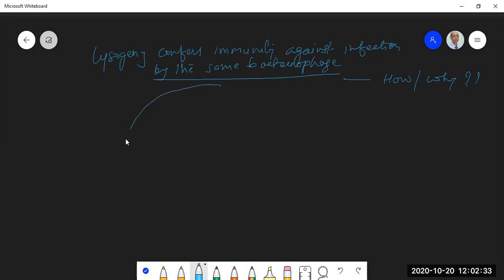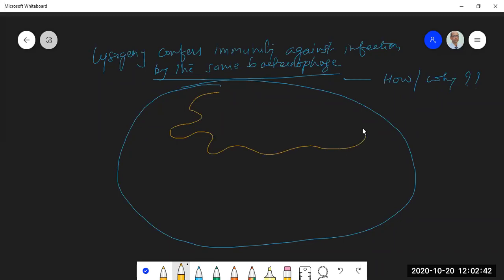Let's say this is the bacterial cell, and let's say this is the bacterial DNA genome, and in the bacterial DNA we have this particular site where the phage genome has integrated. These are site-specific recombinations. So at homologous sites, the bacteriophage lambda DNA and the host DNA will integrate.